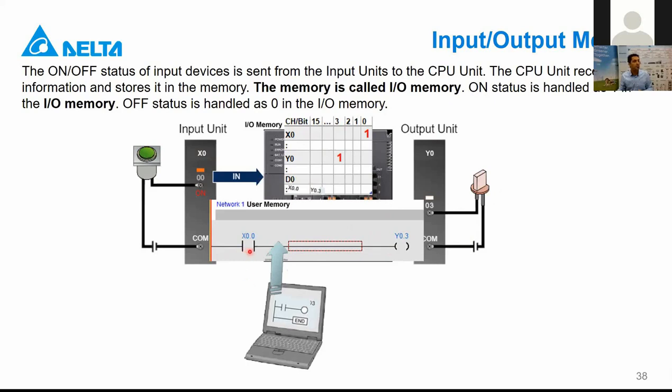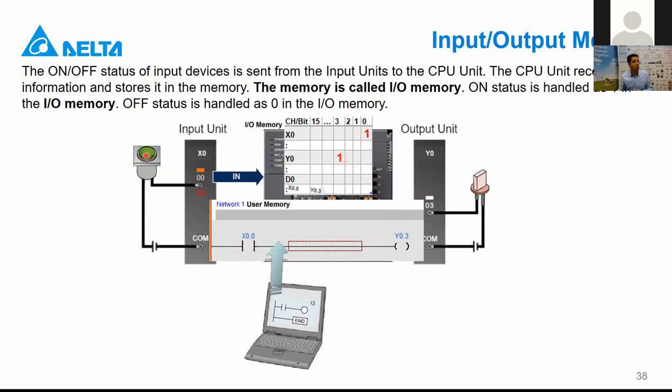For instance, at the beginning, x0.0, which is the real first digital input, is 0. The PLC checks the table, and it is 0, so it is false.